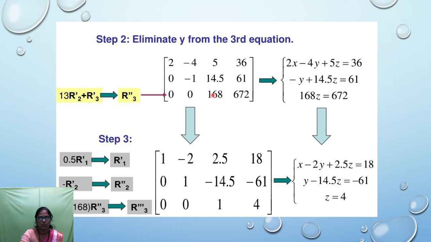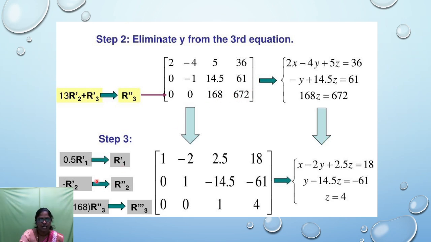0, 0, 168, 672. In the third step, what do we need to find out? Here we get the row echelon form. So using back substitution, we are going to use back substitution. Here we see 168. This is the coefficient of z. The constant is 672.